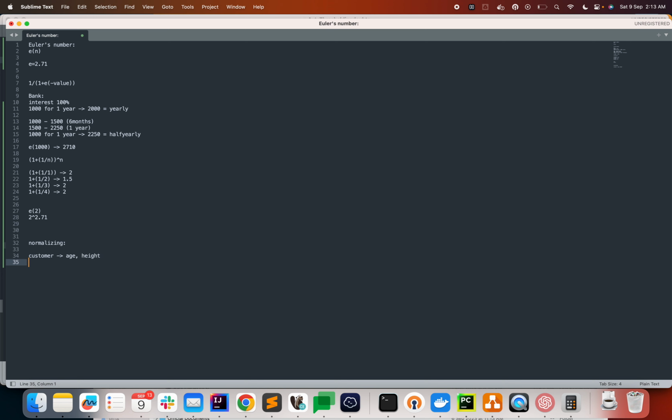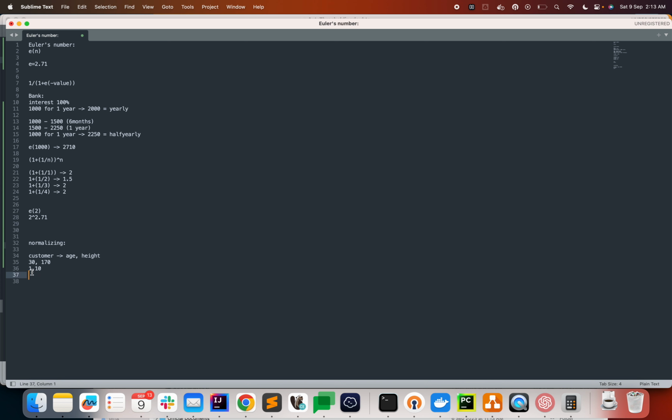Each age can be like 30, height can be like 170. Or age can be 1, height can be like 10 centimeters, something like that. So these two are in different scales. This is just two fields, so these are in different scales.